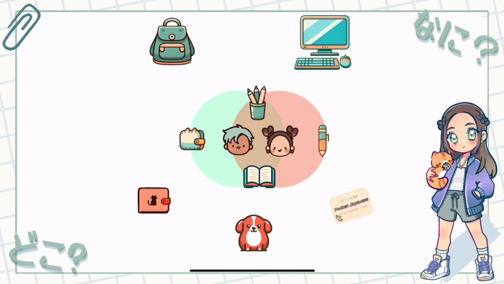あれはカバンですか? Is that over there a bag? これは鉛筆ですか? Is this a pencil? あの財布は先生のですか?